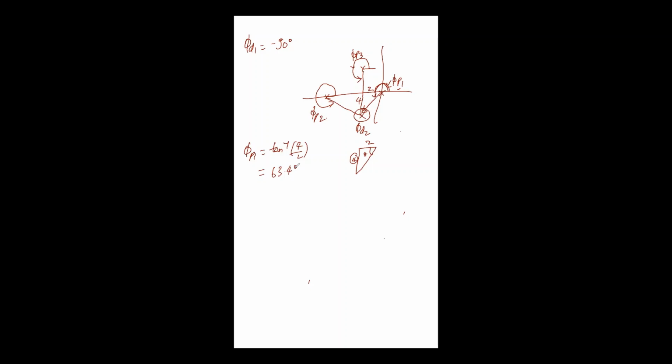Sorry, this is not phi p1. Let us suppose this is theta. So phi p1 will be theta plus 180 degrees, that is 180 degrees plus 63.4 degrees. This will be my phi p1. Now calculate phi p2 quickly. Phi p2 is this angle, which is 270 degrees.